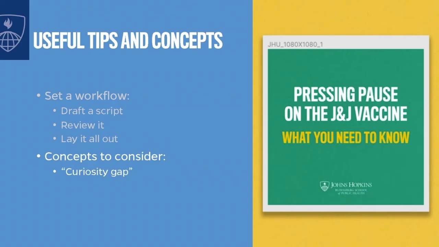This seems so basic when you spell it out this way, but the tactic motivates people to stop scrolling and click into the next slide to see what they need to know. In other words, the curiosity gap is about sparking someone's interest by promising information, but not delivering that information right away.